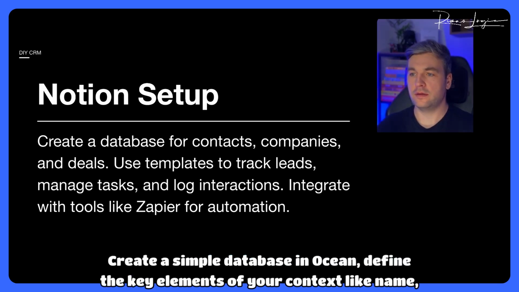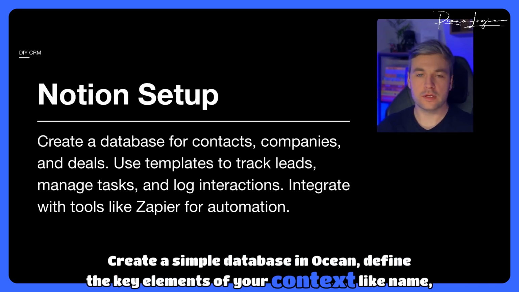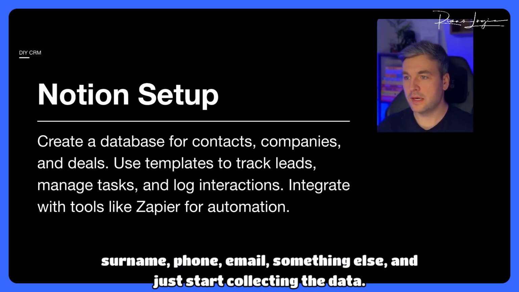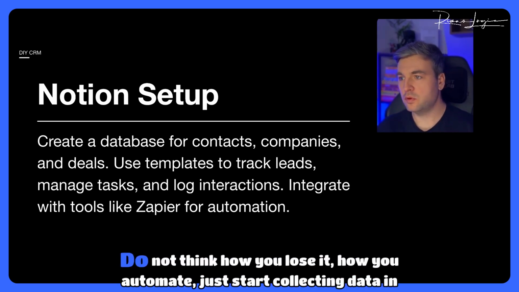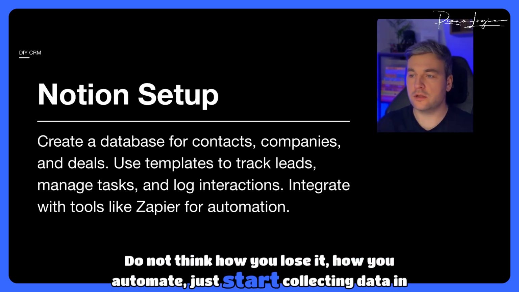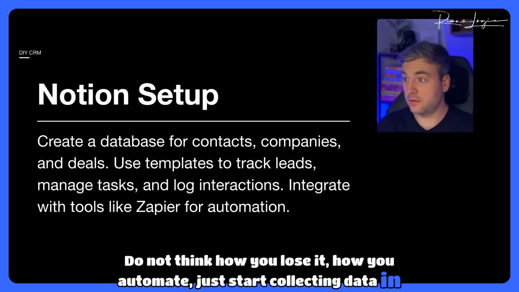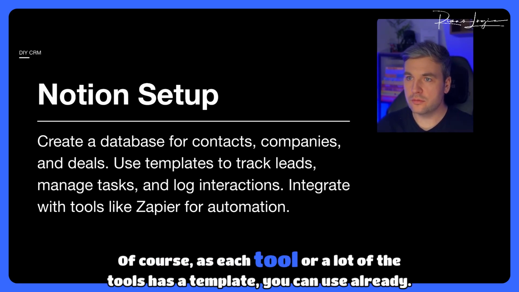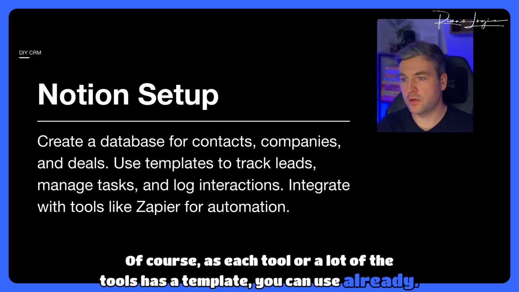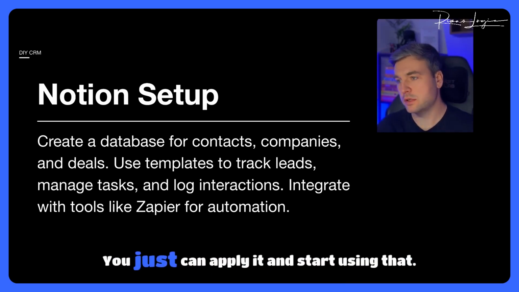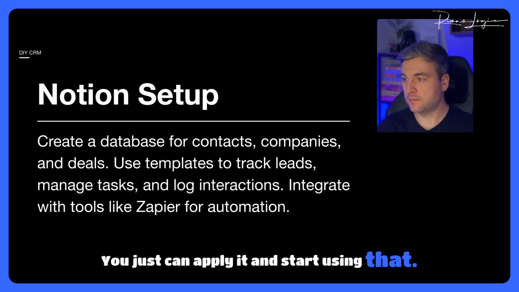Define the key elements of your contacts, like name, surname, phone, email, something else, and just start collecting the data. Do not think about how you will use it or how you will automate. Just start collecting data in digitalized form. Of course, as a lot of the tools have templates, you can use already predefined ones, and you don't need to know Notion details. You can just apply it and start using it.